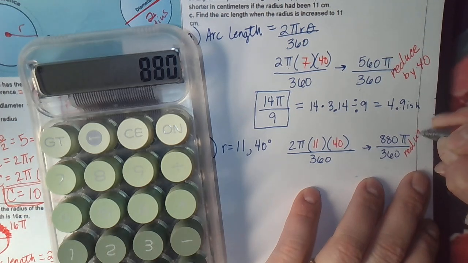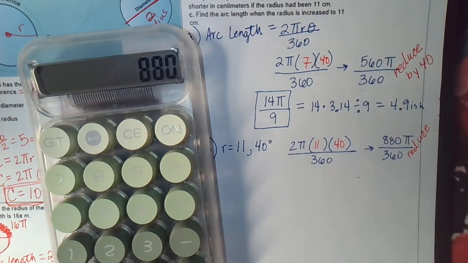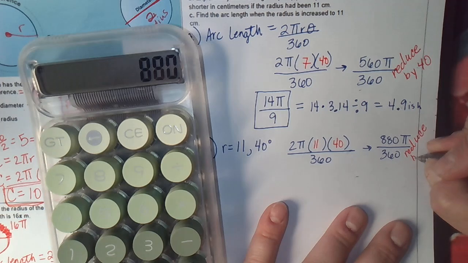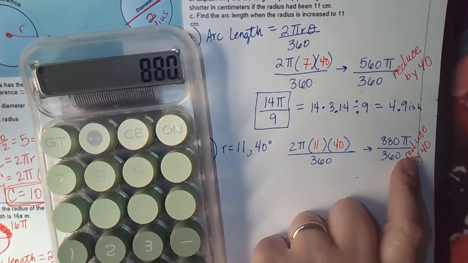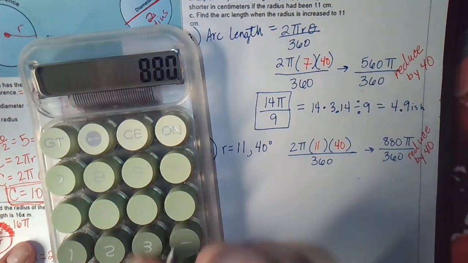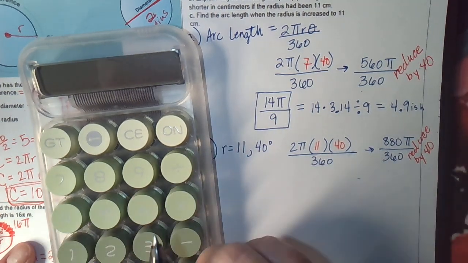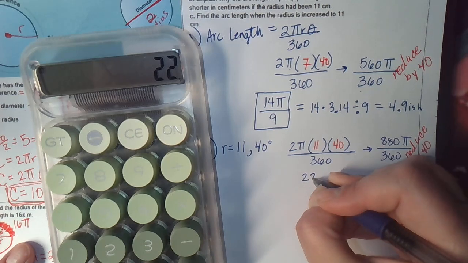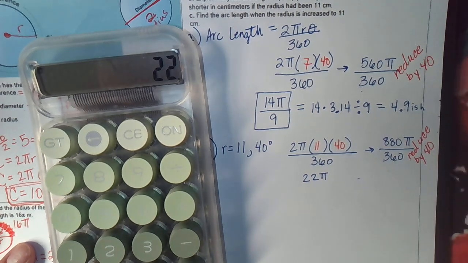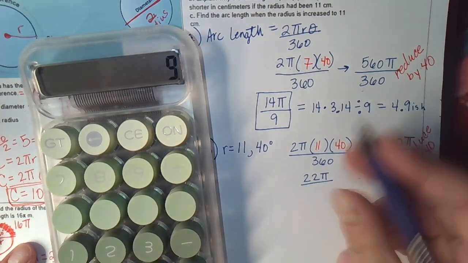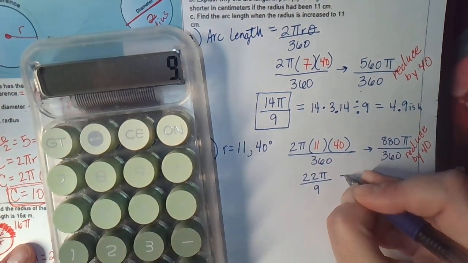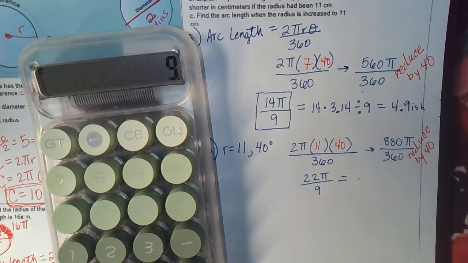And then let's reduce. You can reduce by 2 over and over again, or I can kind of see that we can divide it by 40. So let's do that. Okay, so 22 pi over 9.